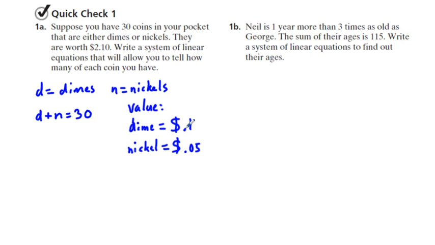If you multiply 0.1 times 10, you'll get 1. If you multiply 0.05 times 20, since there are 20 nickels in a dollar, you get it that way. So we have D plus N equals 30, and then 0.1 times the number of dimes plus 0.05 times the number of nickels is equal to $2.10. This is going to be your system of equations.